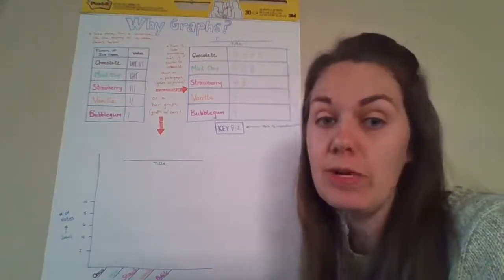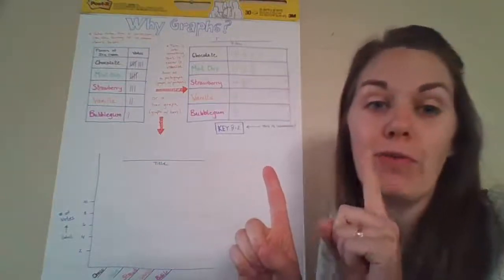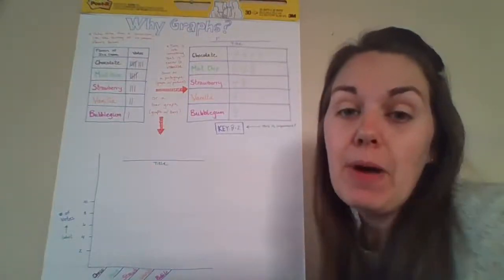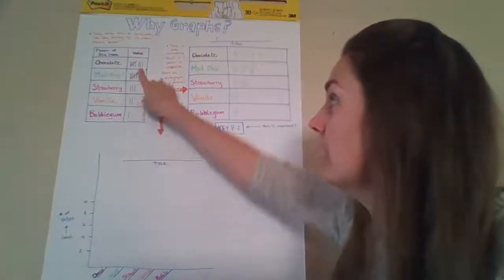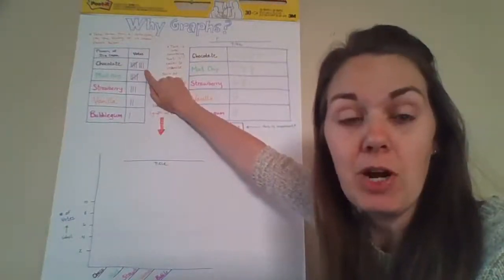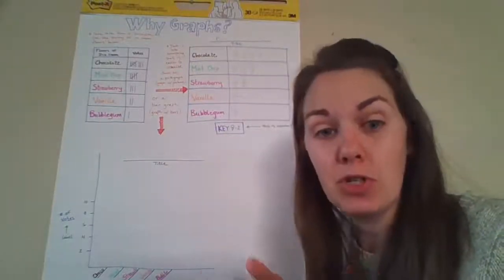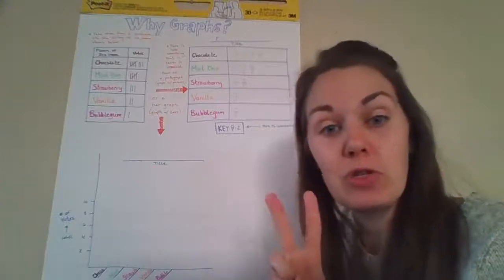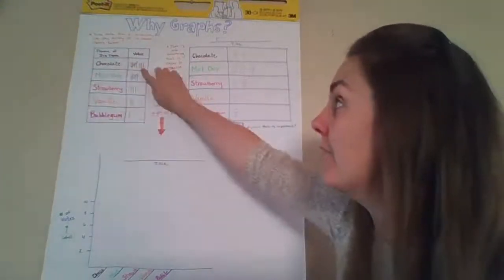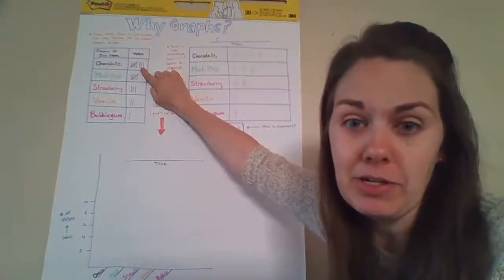You can do it 1-to-1, meaning that you have 1 picture for every 1 vote. But then you're drawing a whole bunch of pictures. I would be drawing 8 pictures, for example, for chocolate. And so this is kind of a shortened way of being able to show my same data. Now, the reason I chose 2 was because I have 8, which I don't really want to draw 8 pictures.